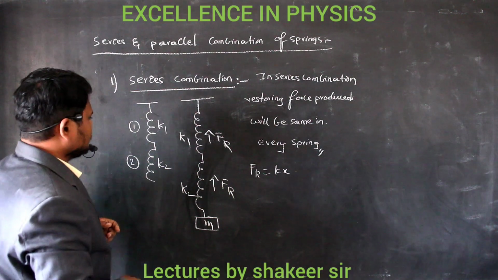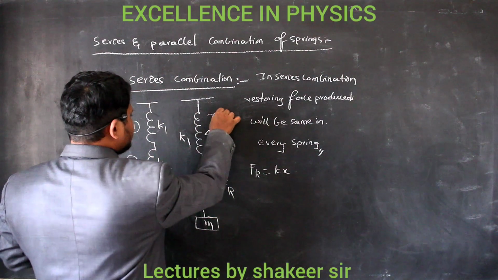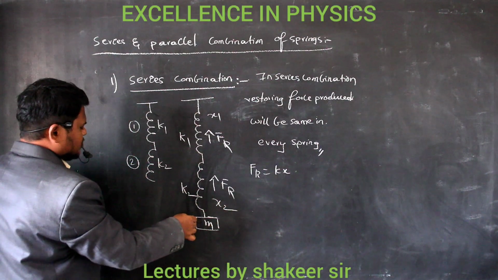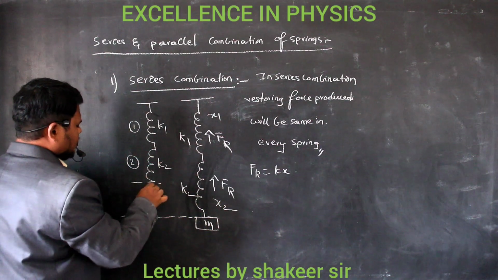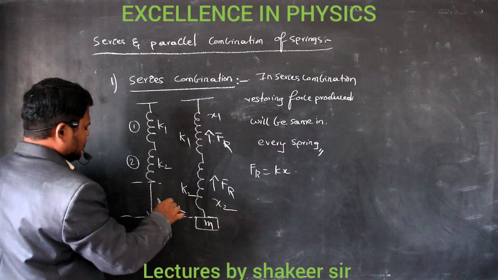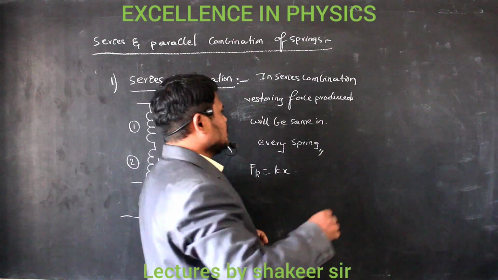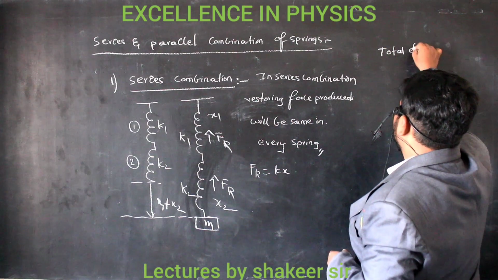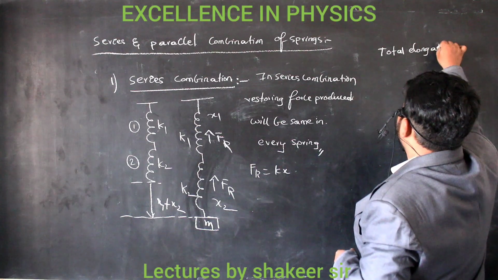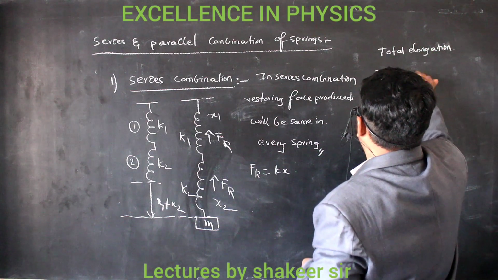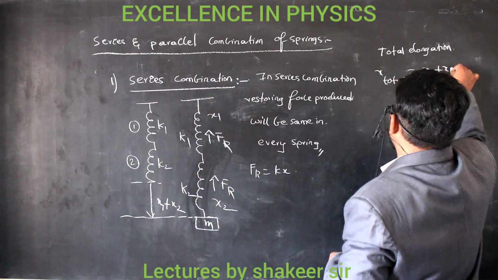Clear? So therefore, if elongation produced in this spring is x1 and elongation produced in this spring is x2, then what is the total elongation? Total elongation will be this much, which is equal to x1 plus x2. Now if I write here, total elongation, I can write x total is equal to x1 plus x2.